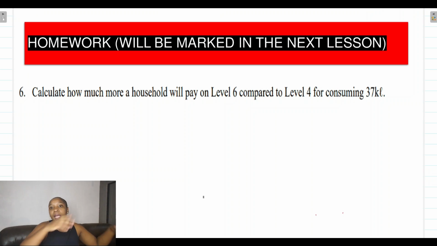So you need to calculate how much a household will pay on level 4, how much a household will pay on level 6, and then see which household will pay more, right? Tomorrow we'll be looking into that solution, and I'll see you tomorrow, guys.